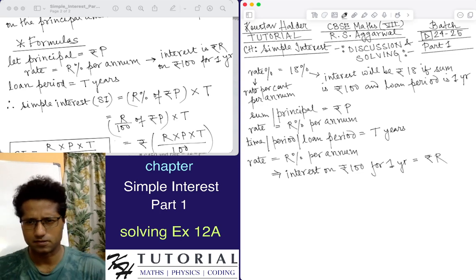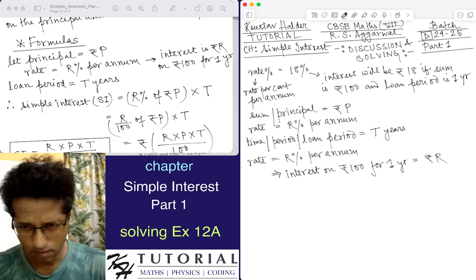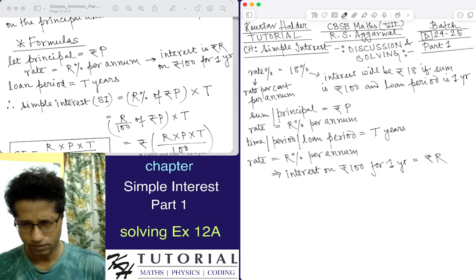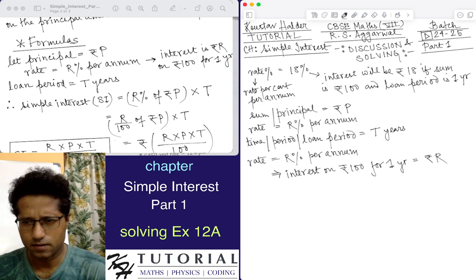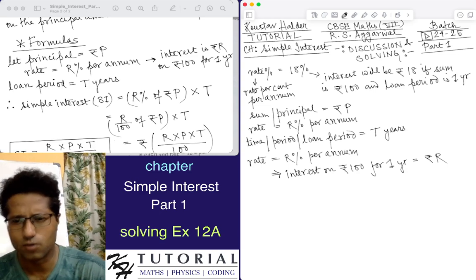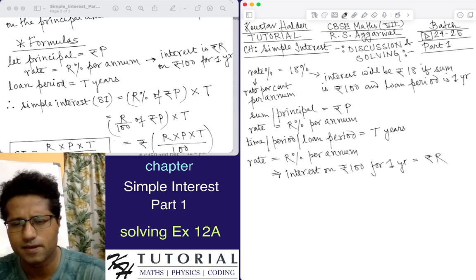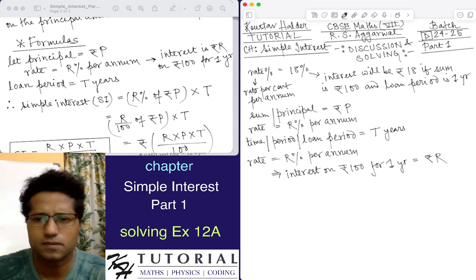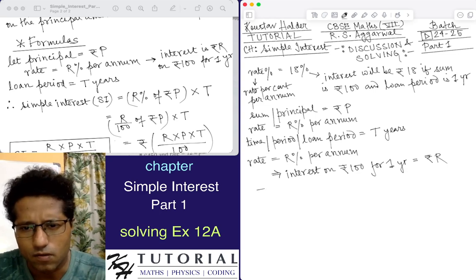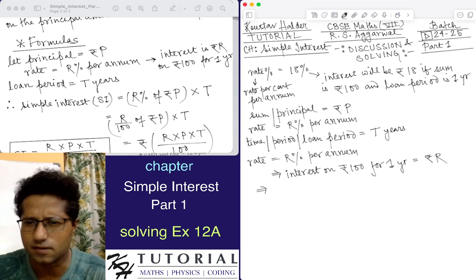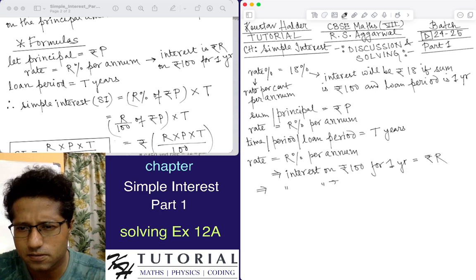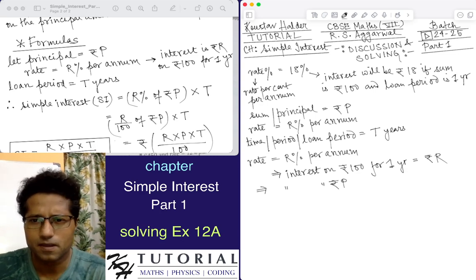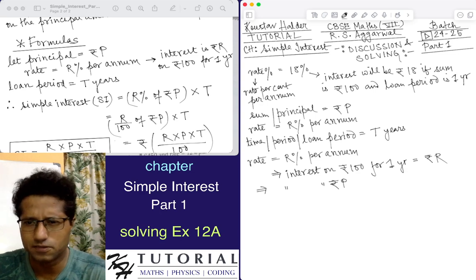This is the very basic from the definition of rate percent per annum. We know that the interest we have to pay on rupees 100 for 1 year equals rupees R. This means if I borrow rupees 100 for 1 year, I have to pay the extra rupees R. Now from this very definition, can't we say that the interest on rupees P, that is the principal, we have to pay the interest based on the principal, right?